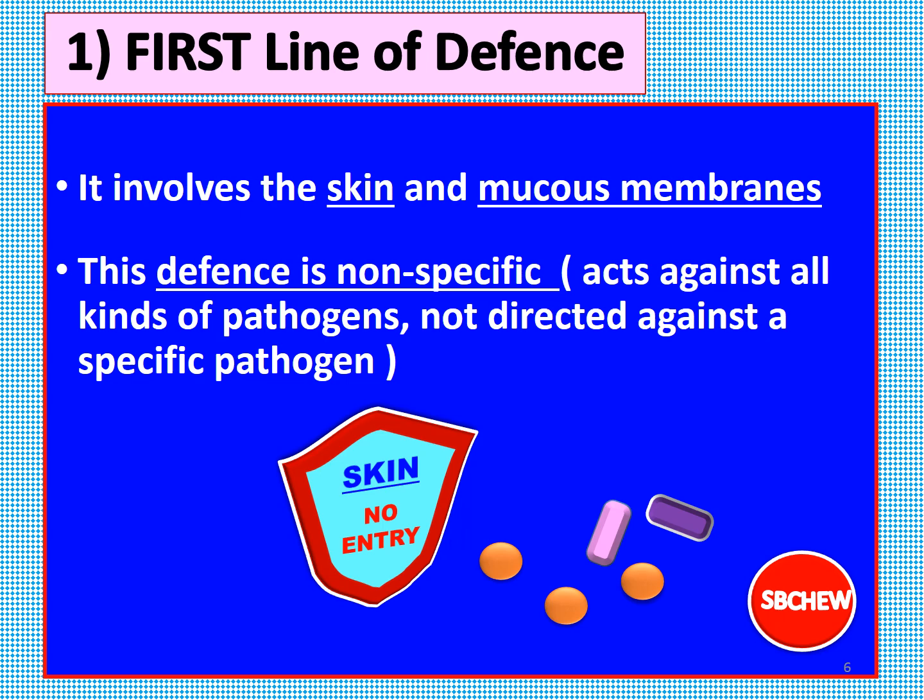It means that the defense mechanism acts against all kinds of pathogens and is not directed against one specific pathogen. All kinds of pathogens will be prevented from entering the body using this line of defense. So it's non-specific.